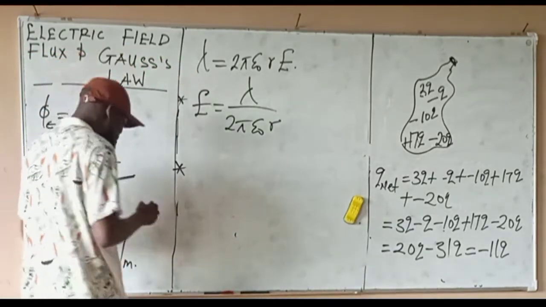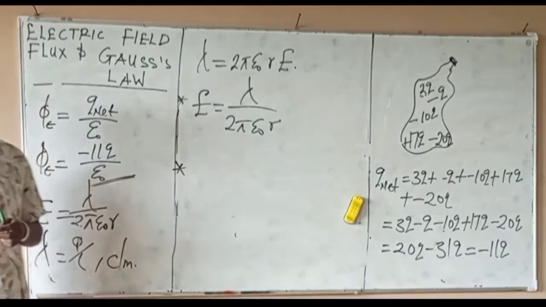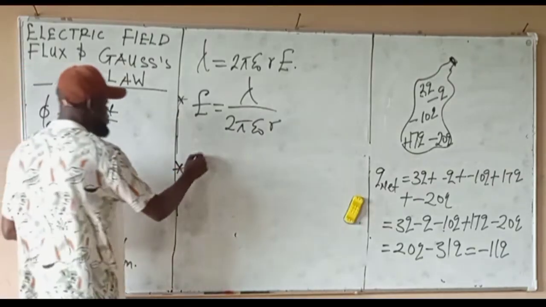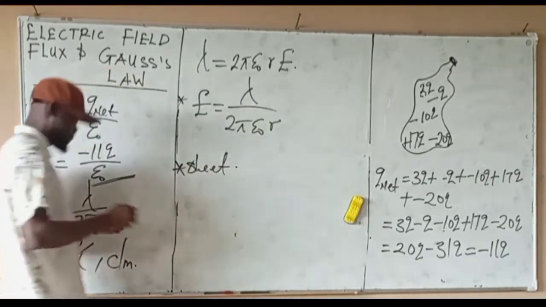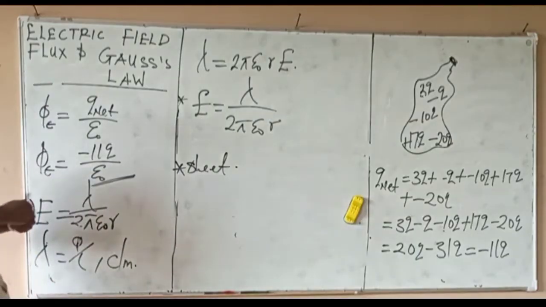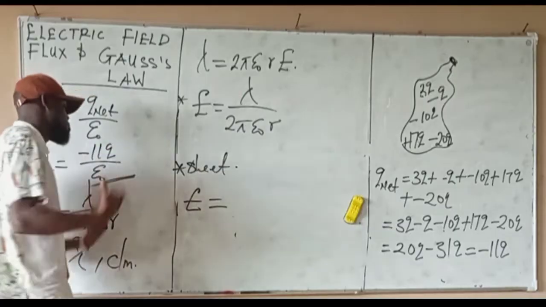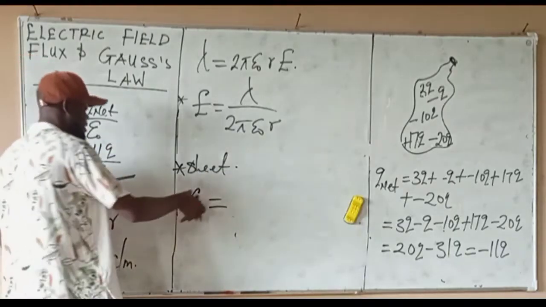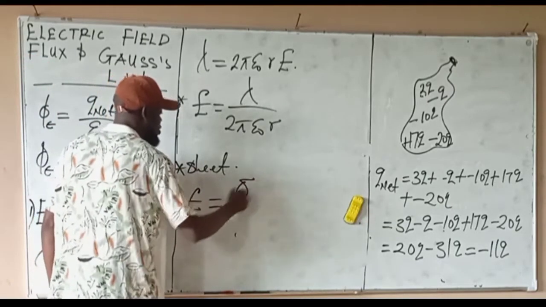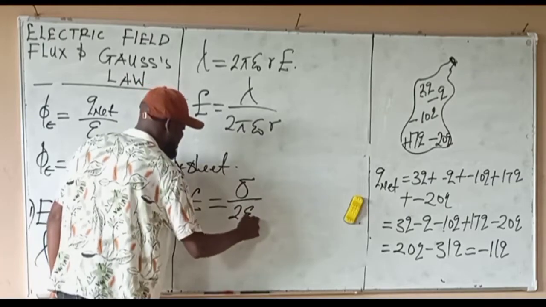Now, we have the electric field due to a charge sheet, or a sheet of charge. We calculate the electric field as E equals sigma over 2 epsilon naught.